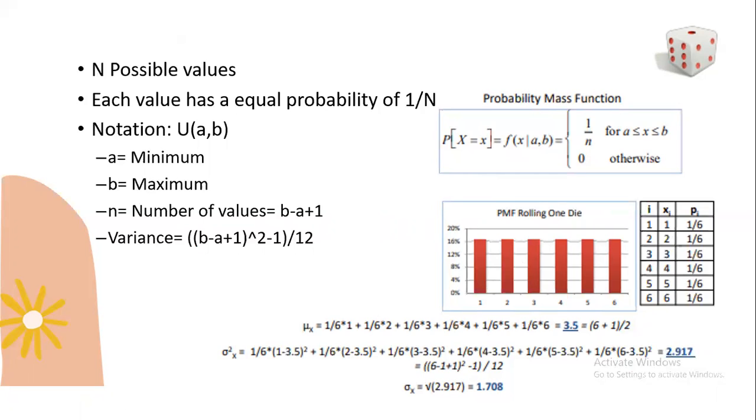So 1 multiplied by 1/6, because that's the probability that the outcome will be 1, plus 2 multiplied by 1/6, because there's a 1/6 probability that when you roll the dice it will come out to a 2, plus 1/6 times 3, plus 1/6 times 4, plus 1/6 times 5, plus 1/6 times 6, and the answer is going to come to 3.5 if you solve that.